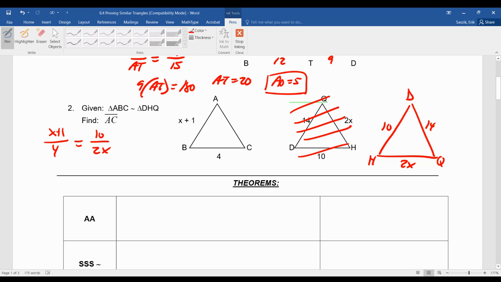So if I cross and solve this, this shouldn't be a big deal. I mean, that's the setup. Now you're doing some quadratics, and you'll get 2 answers for x, but one of them is negative, which you have to toss. You should end up getting x is 4, and that'll allow you to figure out that AC is going to end up being 7. Okay, I'm not going to do everything on that one.